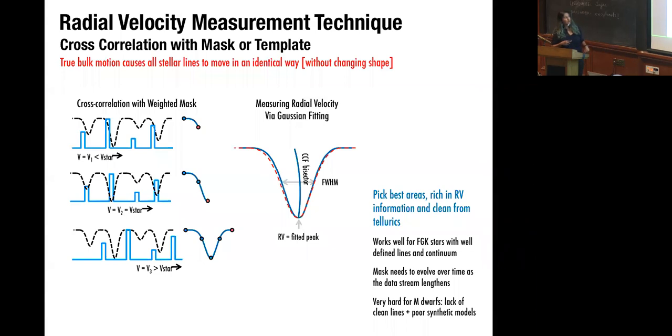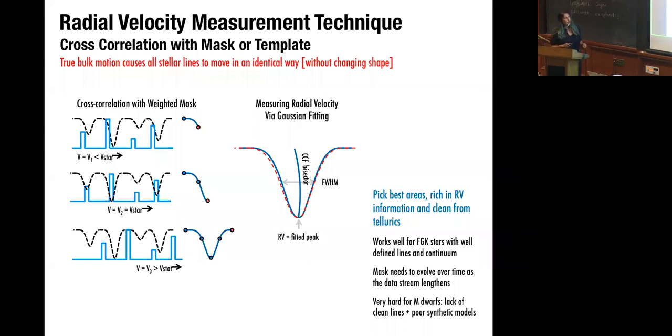At each step, you multiply it with the spectrum, building up this cross-correlation function. At the end, this cross-correlation function is basically an average stellar line, depending on what mask lines you've picked out. Then you fit it with a Gaussian, and you measure the peak of that Gaussian, and that is your measured radial velocity for that epoch.